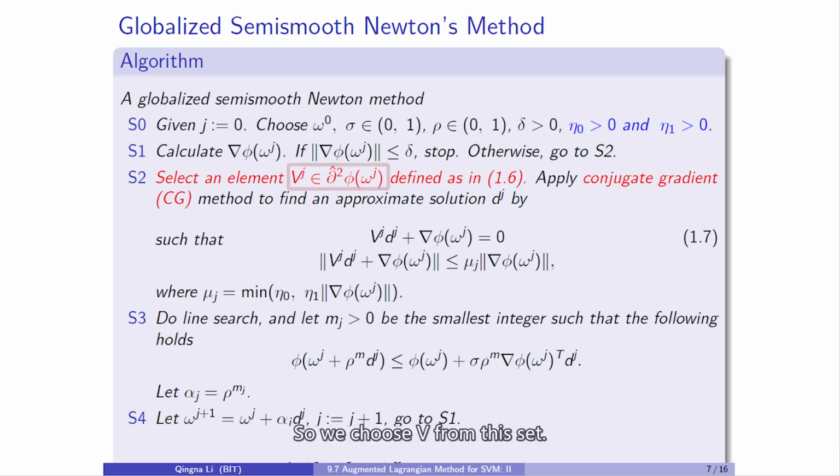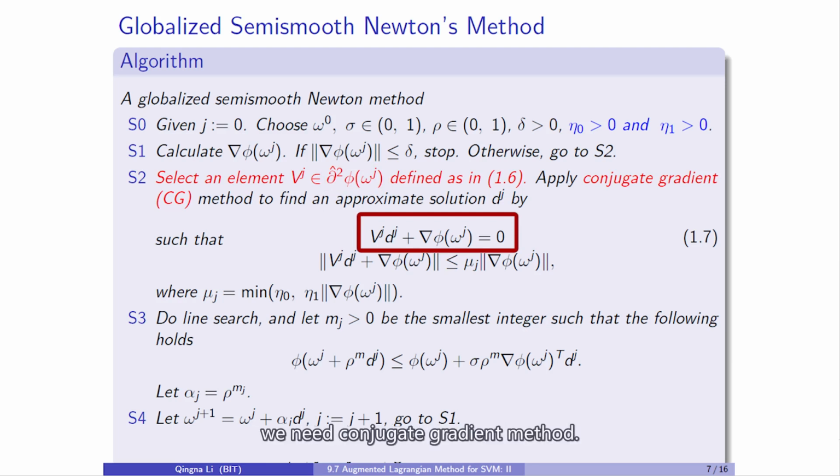So we choose V from this set. The second issue is that when we solve for this direction d, we need the conjugate gradient method. We do not solve it directly. However, we apply the iterative solver, the conjugate gradient method, in order to save computational cost. We will talk about this issue later.